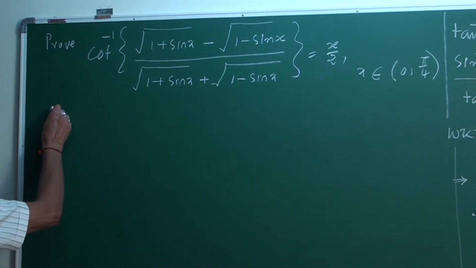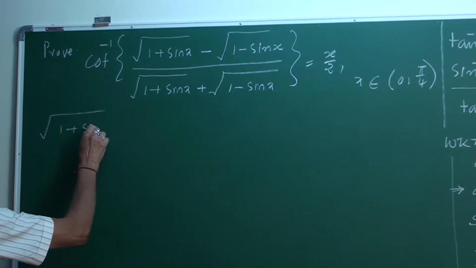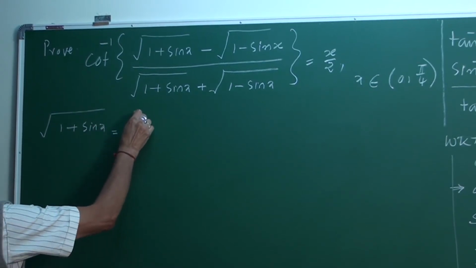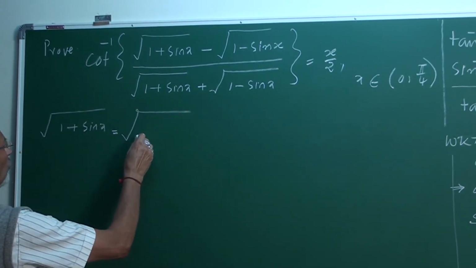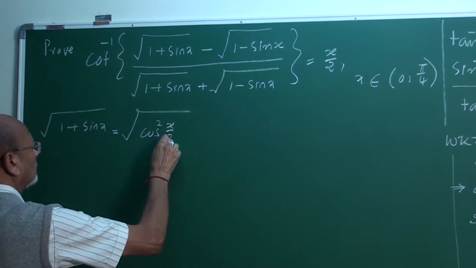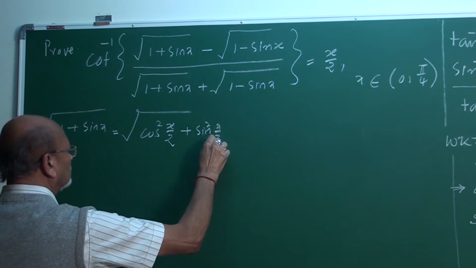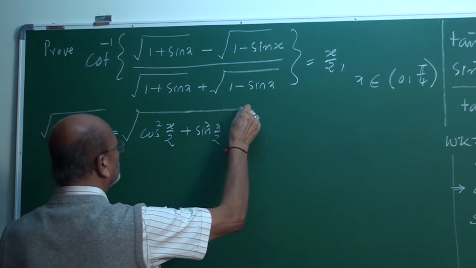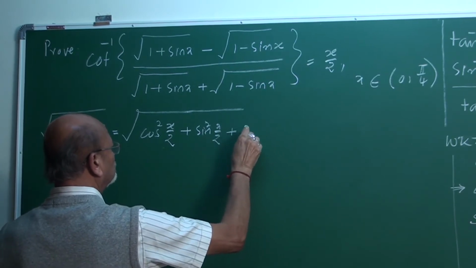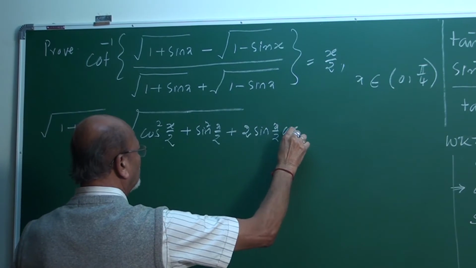It is square root of 1 plus sin x. It is square root of cos square x by 2 plus sin square x by 2, plus sin x, which is 2 sin x by 2 into cos x by 2.